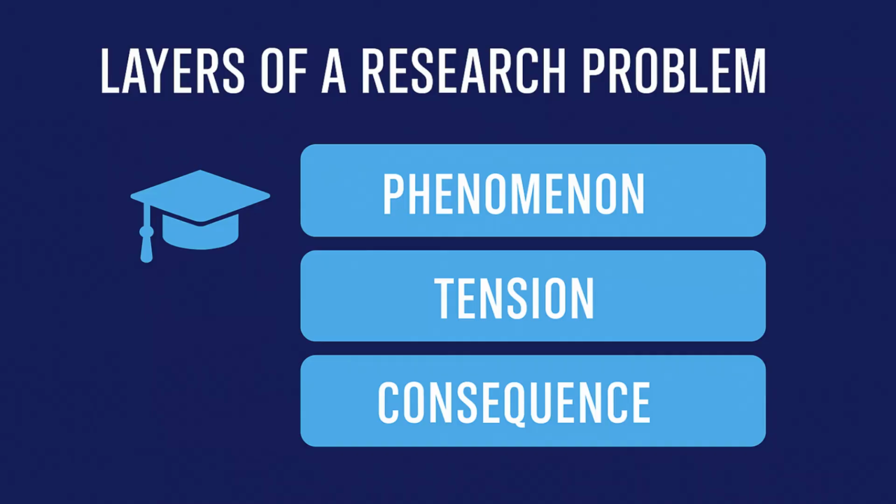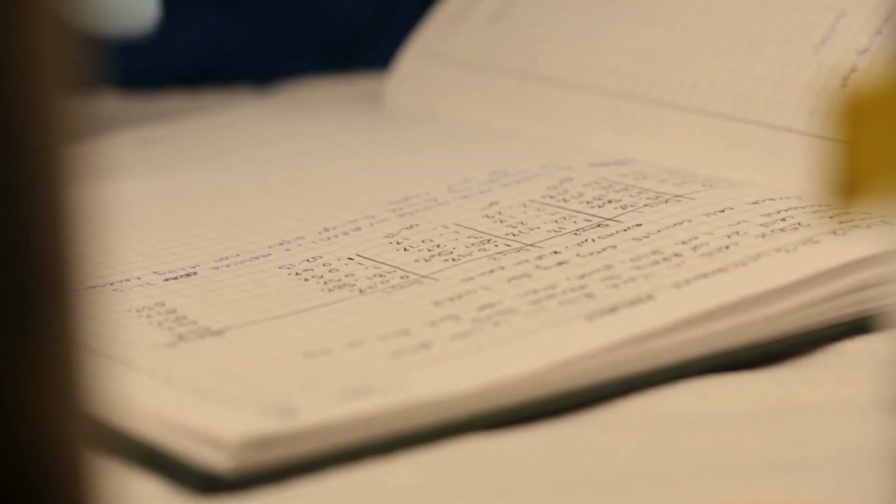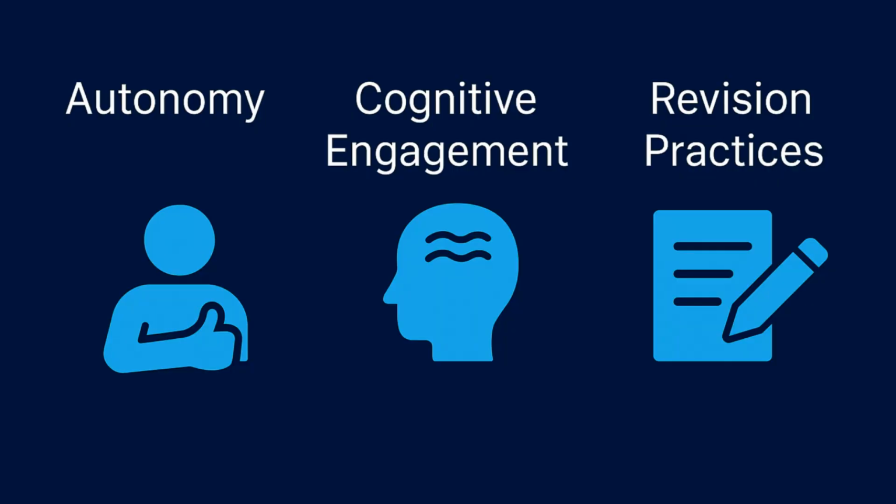As you refine each layer, you also begin to signal the conceptual terrain of your study. You do not need to name a specific theory here. That belongs in the theoretical framework, but you should hint at the concepts that will guide your inquiry. When you write about writing processes, you signal autonomy, cognitive engagement, or revision practices.